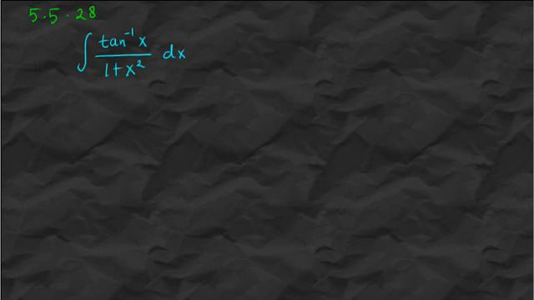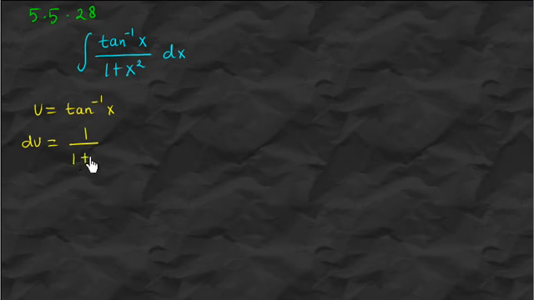Okay, let's look at the next example. The integral of arctangent of x over 1 + x squared. Similar to what we did before, if we pick u = arctangent of x, then du, what is the derivative of arctangent? It's exactly 1 over (1 + x squared) dx.